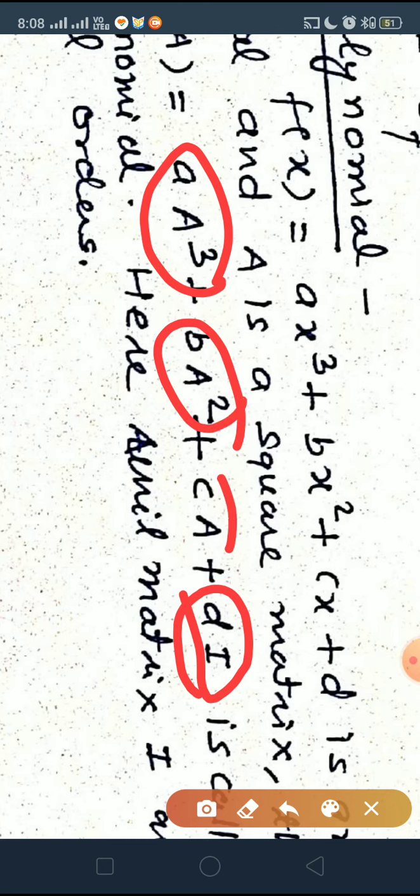Because if you do not write I here, then this addition will not be possible, because you cannot add a number to a matrix. All of these terms will give a matrix, so how would you add a constant to a matrix? There is no such rule. So we write I as a multiple of d, so that the matrix addition is possible.